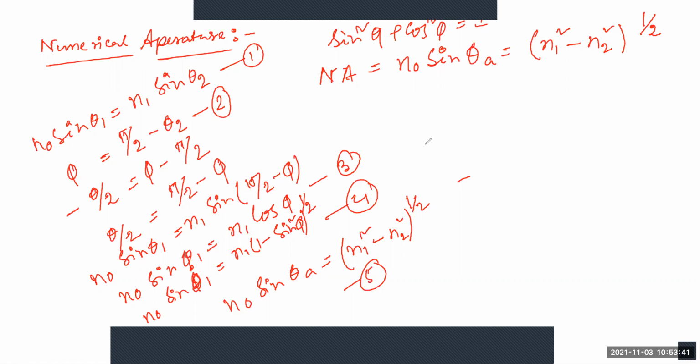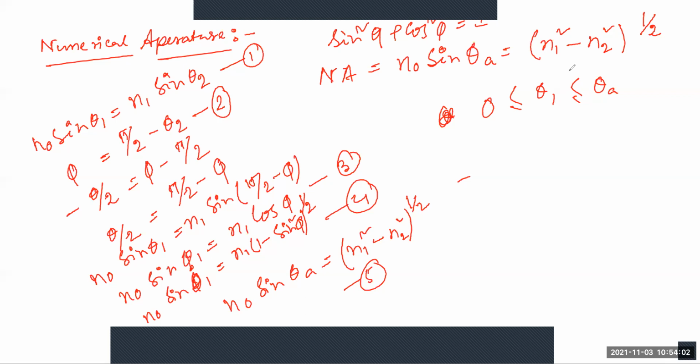And one thing you should note is that the incident rays over the range 0 less than or equal to theta 1 less than or equal to theta a will propagate within the fiber.